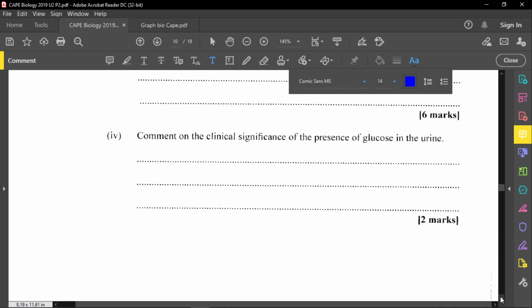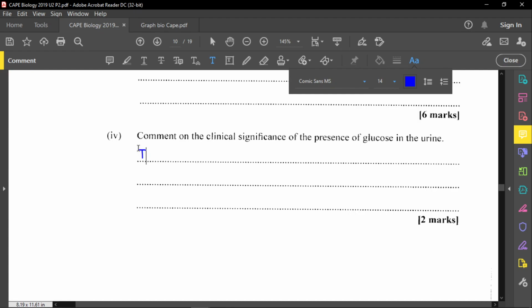So what benefit in terms of information, or how can they use the presence of glucose in the urine to make predictions medically? The presence of glucose indicates that a person may be diabetic. All right, not say the person is necessarily diabetic, but may be diabetic.